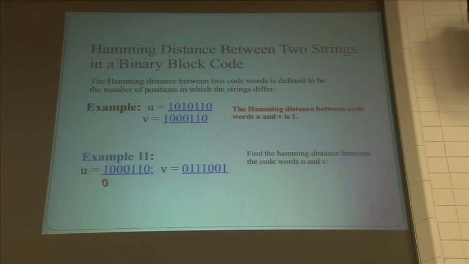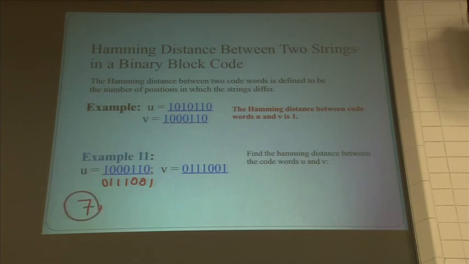That's 0, 1, 1, 1, 0, 0, 1. In how many positions does this vary? The first one, the second position, third position, fourth position, fifth position, sixth position, and seventh position. None of the positions match, so they're different in all positions. So the Hamming distance is 7.